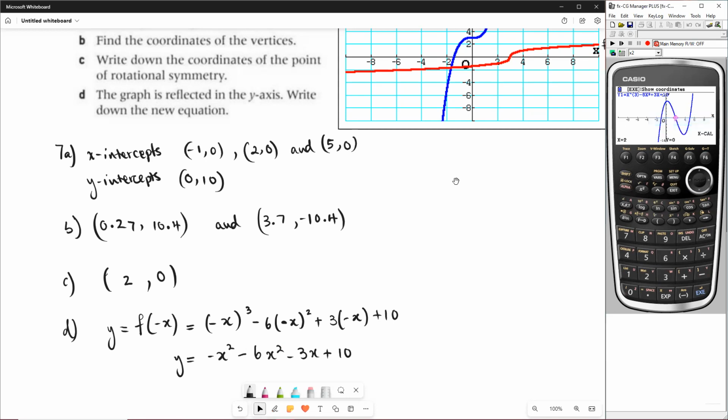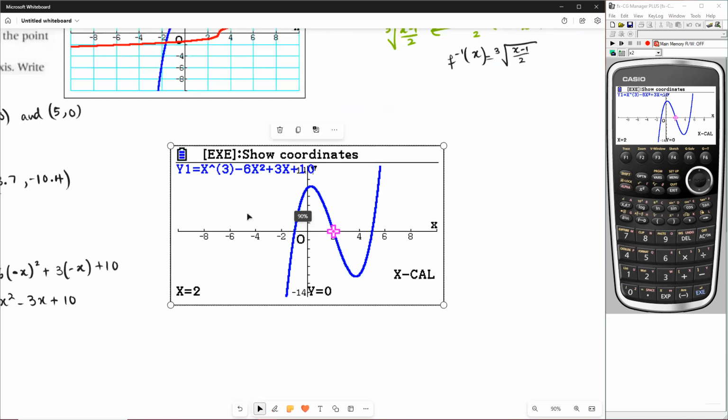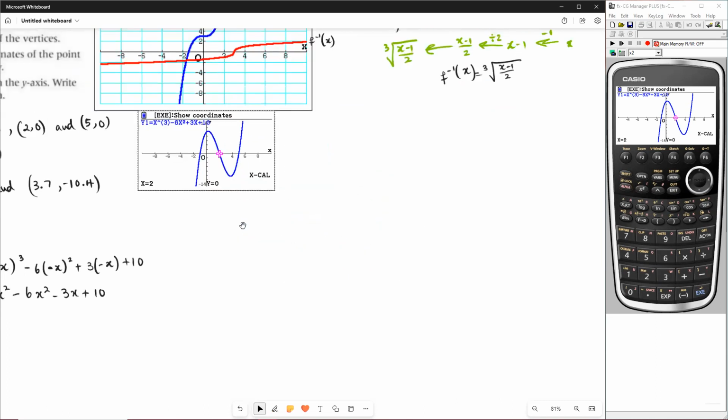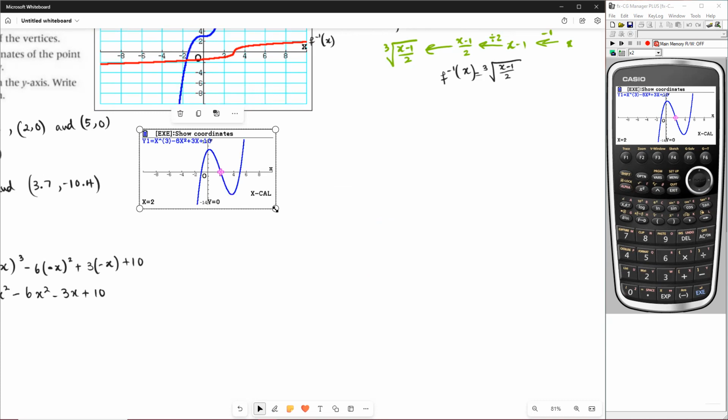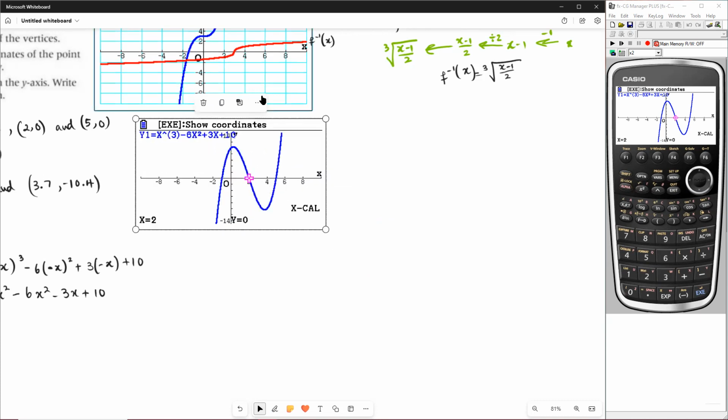So this is our graph. And now we're going to graph its reflection. We say the new equation would be negative x cubed minus 6x squared minus 3x plus 10.